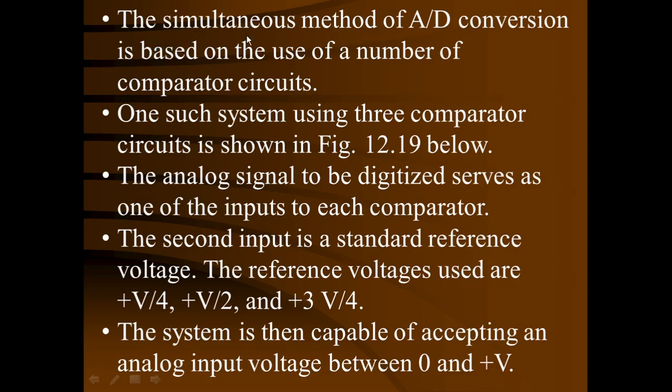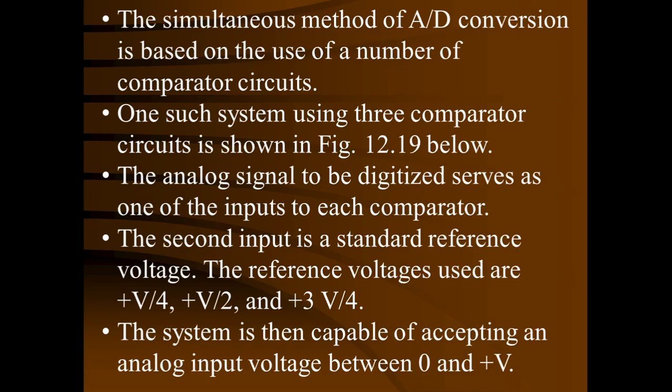The simultaneous method of A to D conversion is based on the use of a number of comparator circuits. One such system using 3 comparator circuits is shown in figure 12.19 below. The analog signal to be digitized serves as one of the inputs to each comparator. That means if you have an analog input voltage in the range from 0 to plus V volt, that can be digitized into a number of bits.